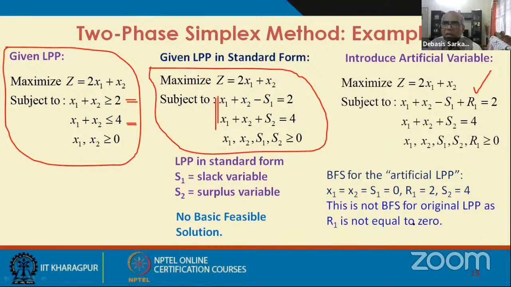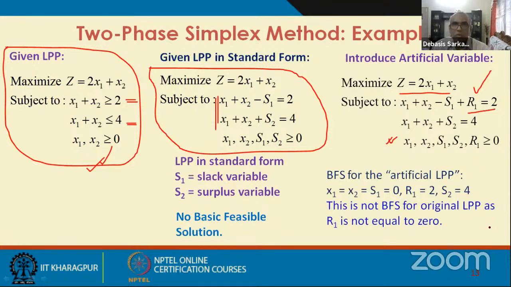If I set x1, x2, and s1 equal to 0, that means if I choose x1, x2, and s1 as non-basic variables, and r1 and s2 become basic variables, I have a basic feasible solution because r1 equal to 2, s2 equal to 4. But again, this basic feasible solution is not for the original LPP. This is only for this artificial LPP because R1 is 2.